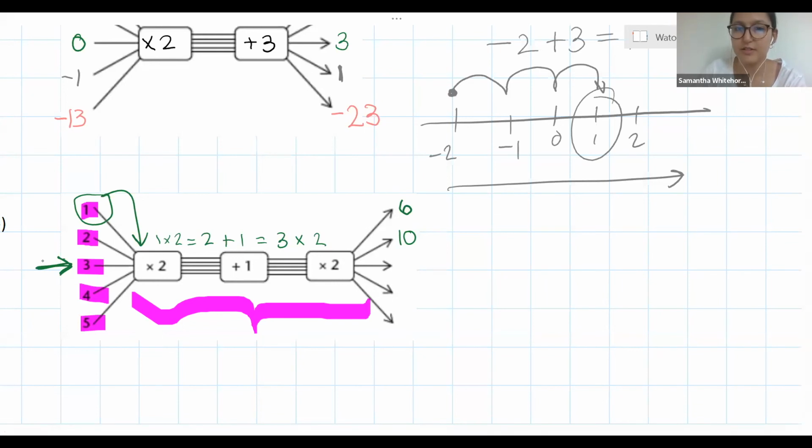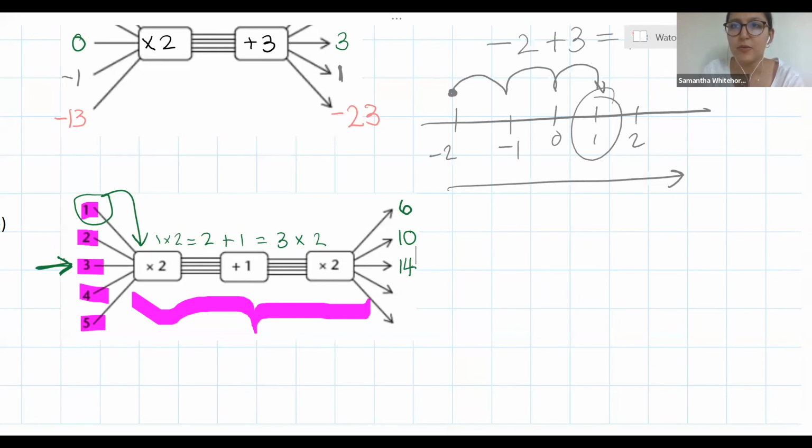And then 6 plus 1 equals to 7. Good. And then times 2. Which is? 14. Good, well done. Okay, guys, so that is our third output that we get.